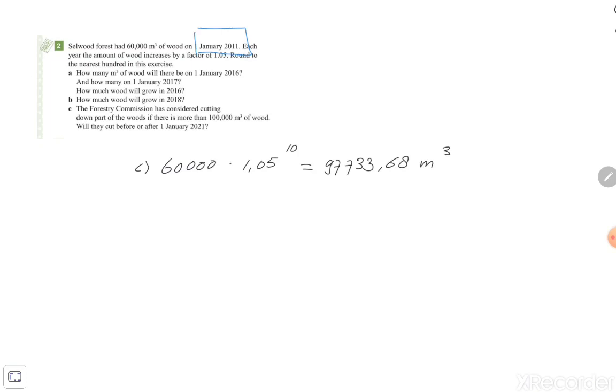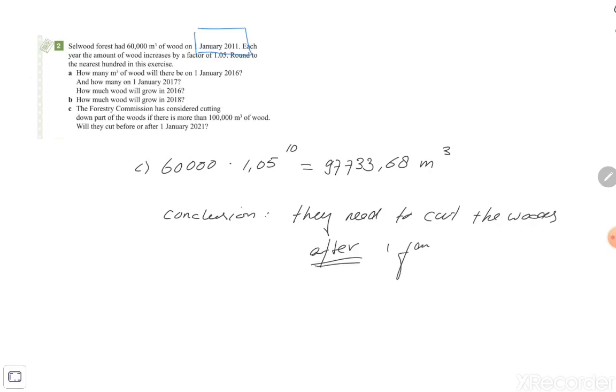So conclusion: they need to cut the woods after, very important, after 1 January 2021, because that was the only question.